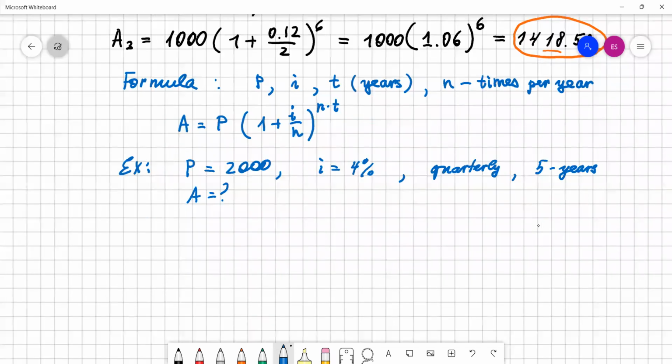So according to my formula, how should I find A? A equals 2,000, my principal, which is coming over here, times 1 plus my i, which is 0.04. Divided quarterly means that N equals 4, because 1 quarter is 1/4 of a year. Quarterly means 4 times a year.